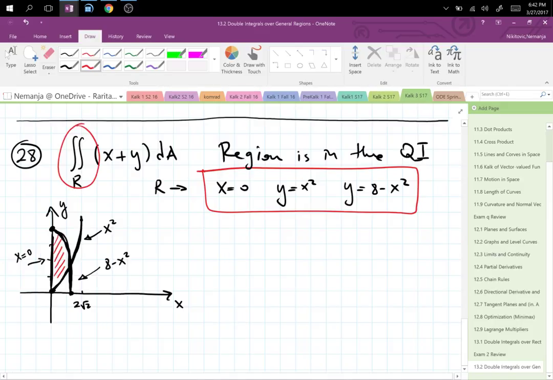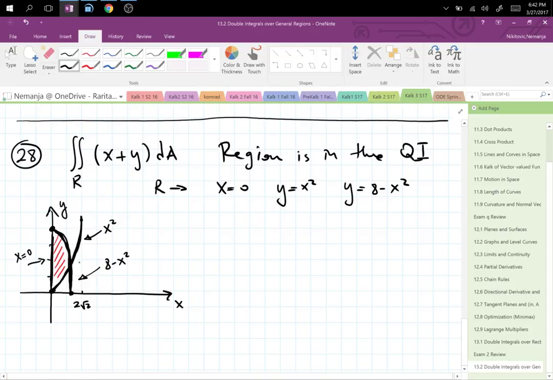Now, I see that there is this intersecting point right here, which is clearly from 0 to that x, because that is the most that it goes out. So my delta x representative rectangle will go from 0 up to that point, and then it will stop.